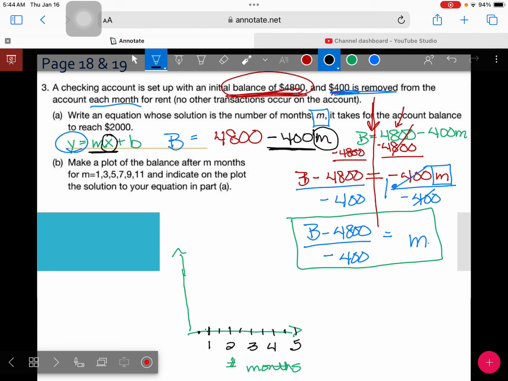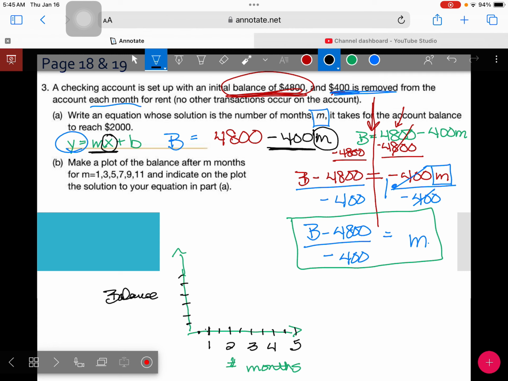Over on the left-hand side, my y value, this is your balance. That is your y coordinate, your dependent variable. How much money do you have left? And I am trying to think of an appropriate scale by which I can use for each of these squares.